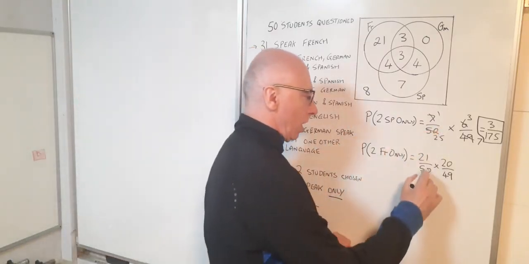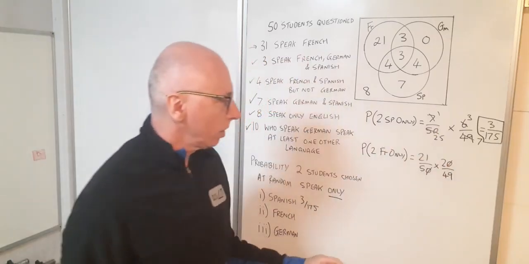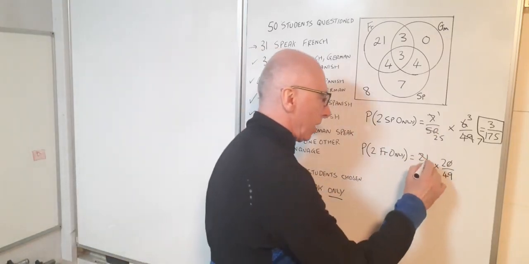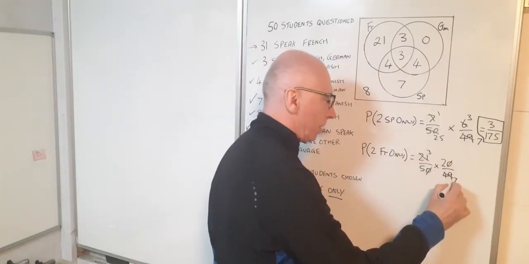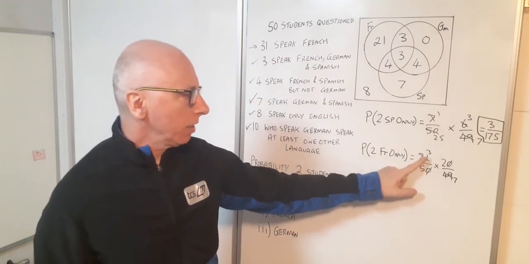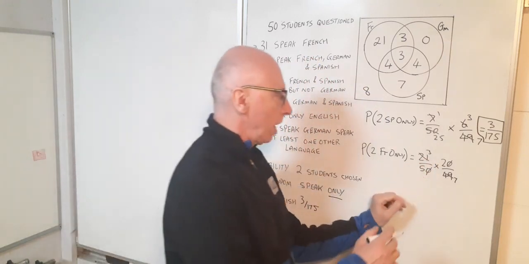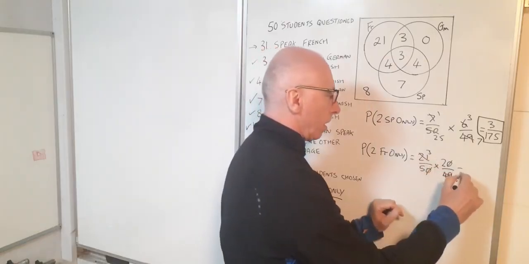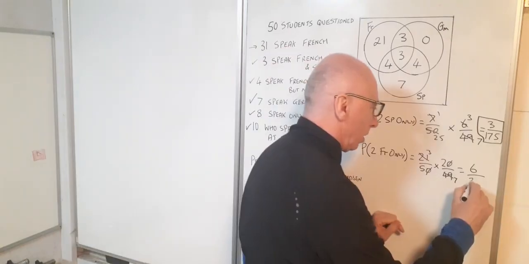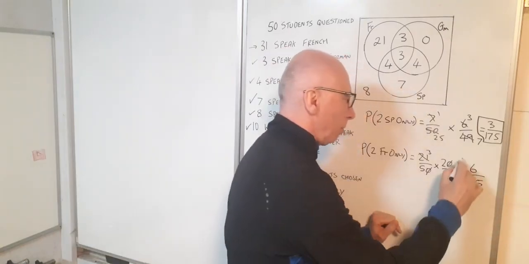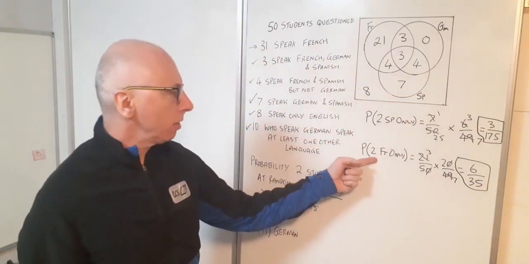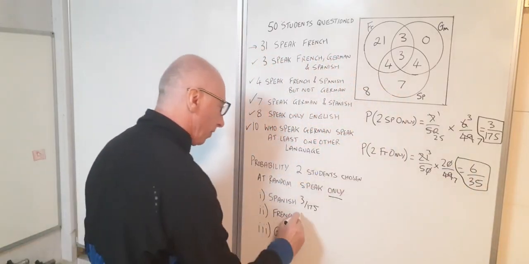These zeros will cancel, that's good. I can see 21 and 49 will divide by 7, so that's 3 sevens and 7 sevens. Any more cancellations? I can't see any that are obvious, they all look like primes. So I've got 3 2s are 6 and 7 5s are 35. So that's my probability 2 people chosen at random speak French only. That's 6 out of 35.